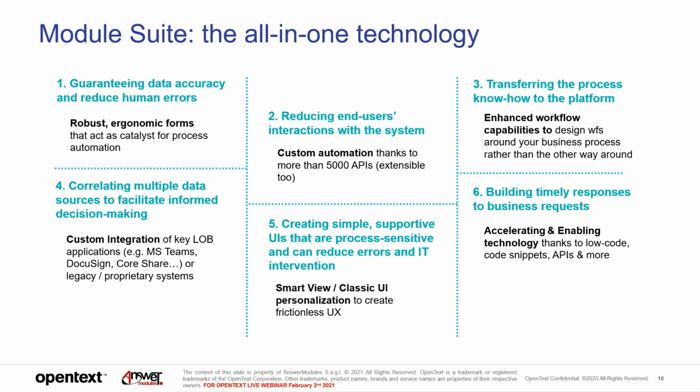An extremely large set of APIs, I believe at the moment a little bit over 5,000, allows you to implement those custom automations that we also saw in the demonstration, thereby also improving the end user's productivity. By enhancing the standard workflow capabilities, you can design them around your specific process and not the other way around.